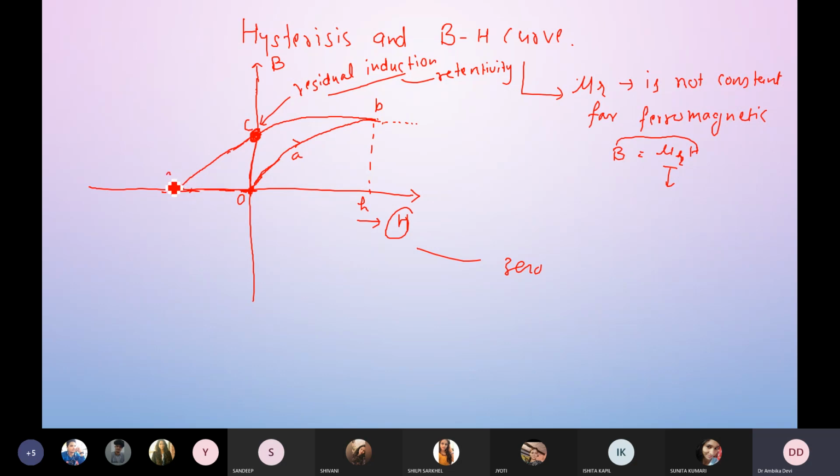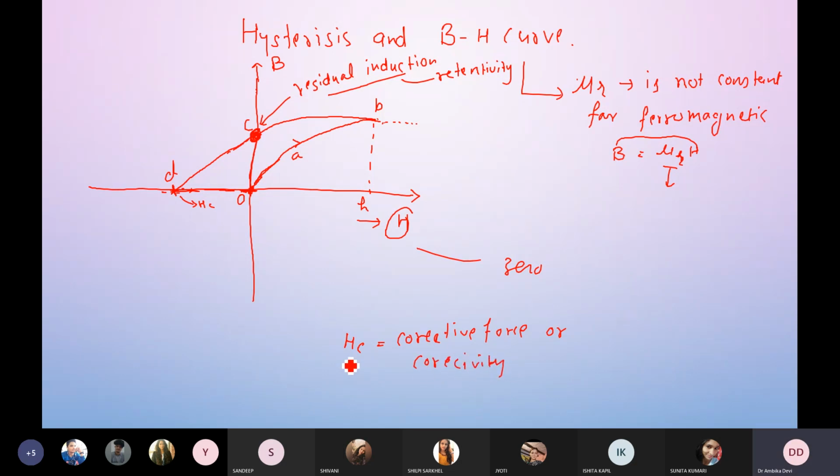Let's say this is D. At this point the magnetic flux density is zero, even though you have given some reverse, negative field to the sample. This value of H is denoted by, let's say, Hc, and Hc is called coercive force, or coercivity.